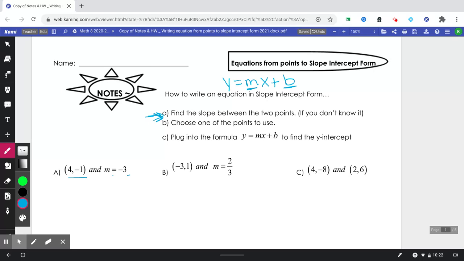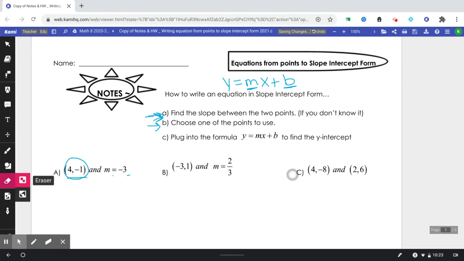Step 2, you're then going to choose one of your points. So here I only have 1 point, so that has to be the point I'm going to choose. If you have 2 points, just pick one of them. It doesn't matter which point you choose.